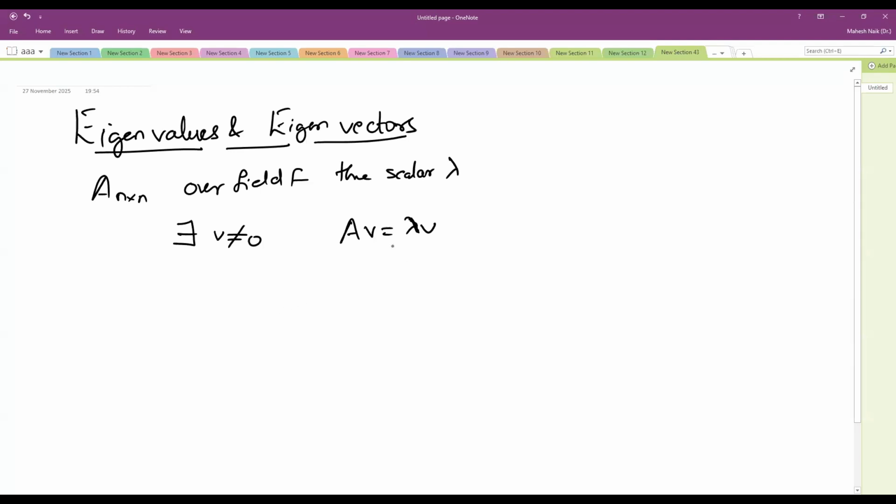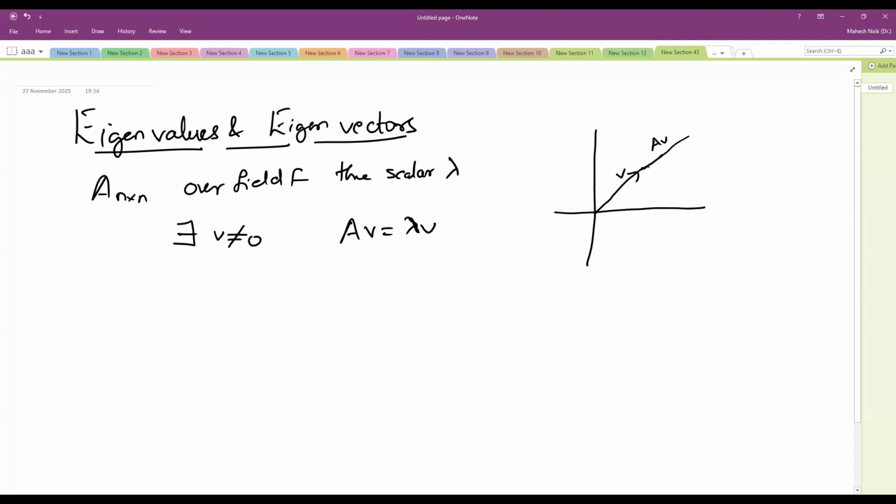Ideally what happens is that this eigenvector, when multiplied with A, simply scales that vector and doesn't do any additional operation. If this is my vector V, then A applied on this vector will only scale the vector.